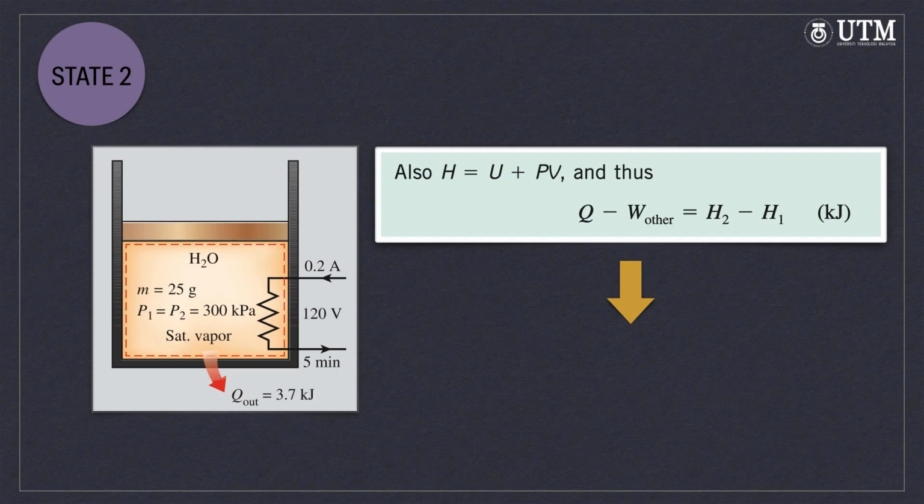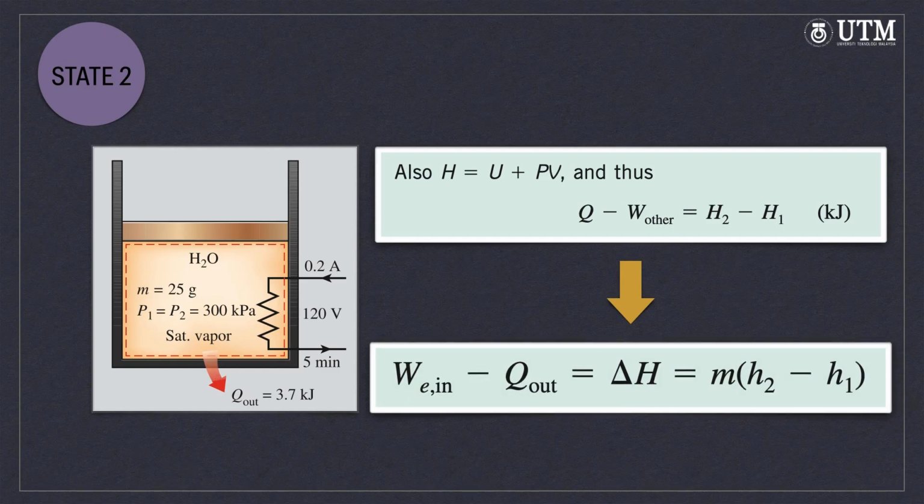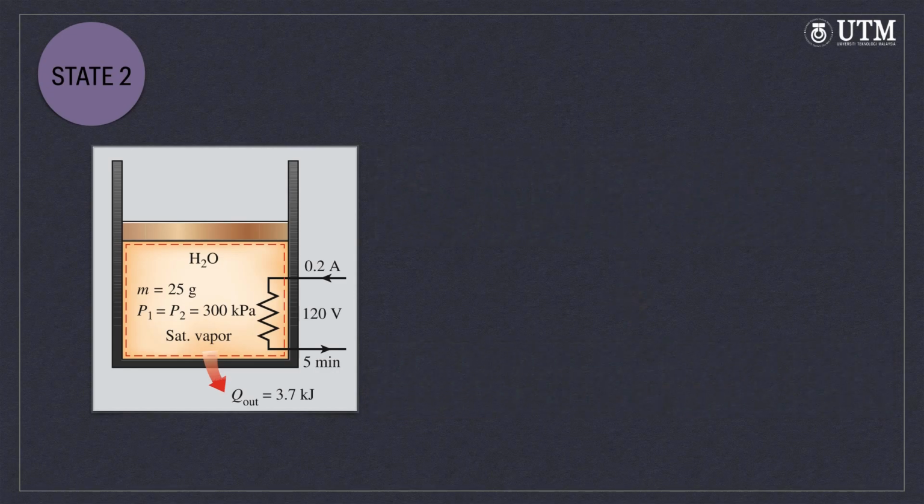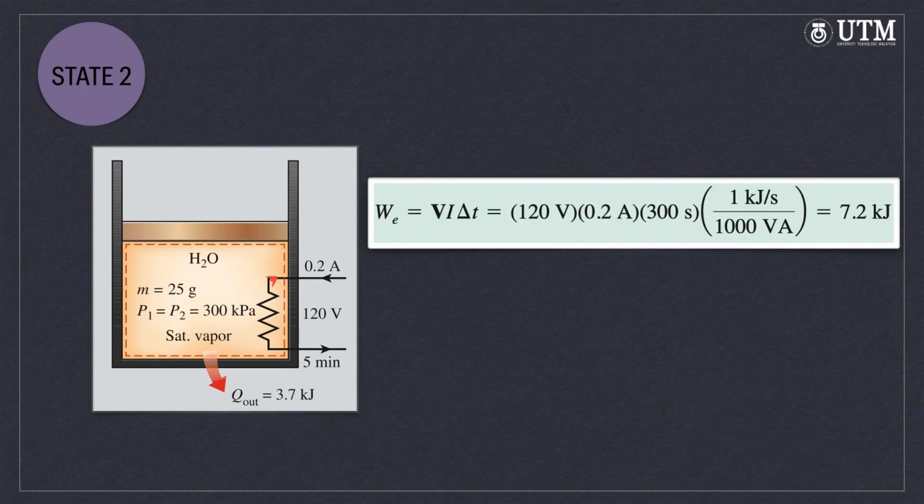The equation reduces to the following form. Substituting the heat and work values into the relation, H2 becomes 2864.9 kJ per kilogram.